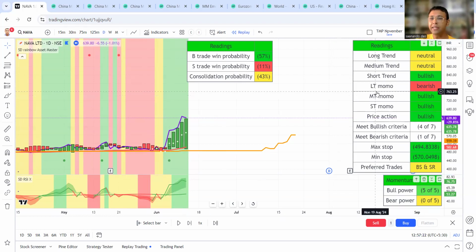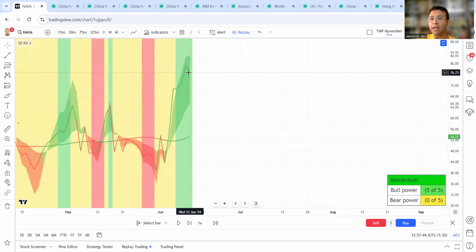Then we have LT Momo. Momo stands for momentum. LT Momo, MT Momo, and ST Momo. Long term momentum, medium term momentum, and short term momentum. In addition to that, I have more detailed reading on momentum via this SDRSI-X. In SDRSI-X, we have 5 factors.